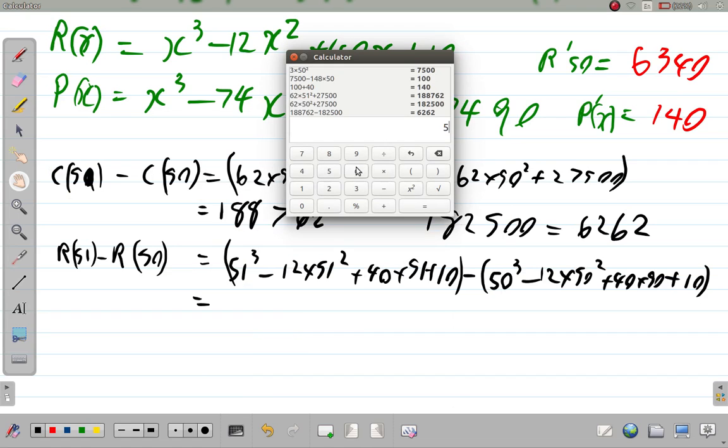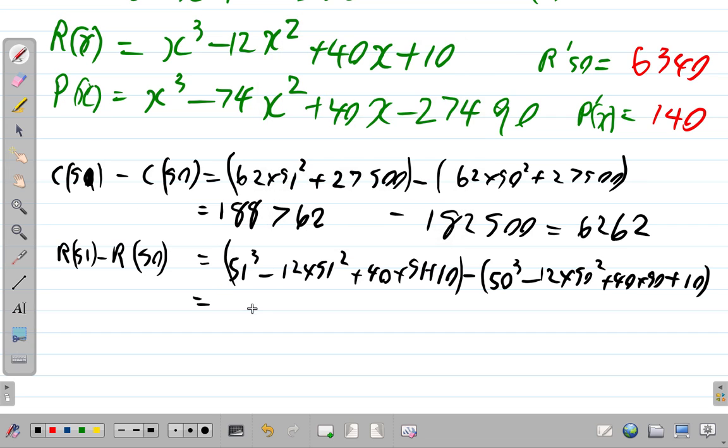We have 51 cubed, 51 by 51 by 51, minus 12 by 51 squared, plus 40 by 51, plus 10, which equals 103,489.